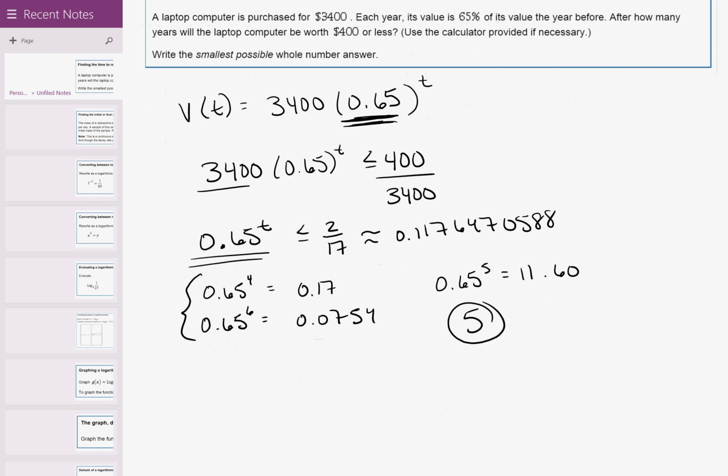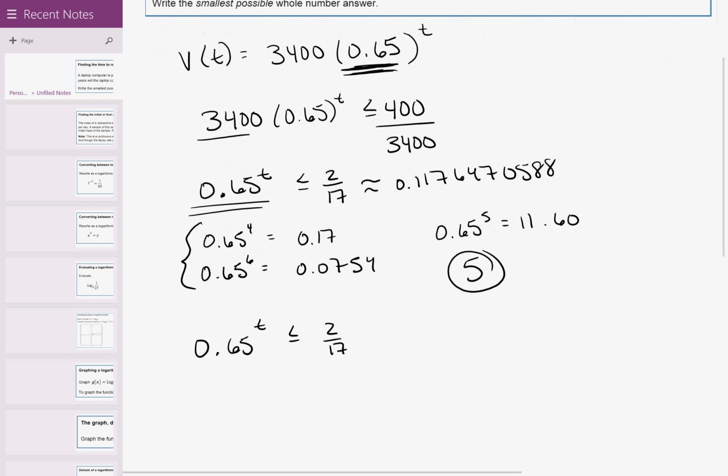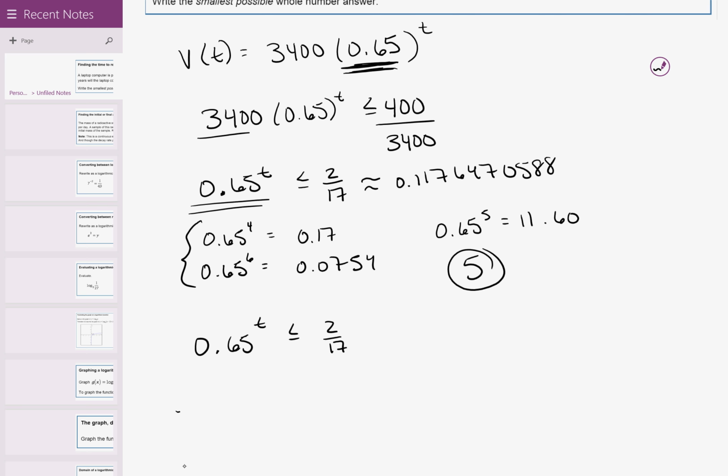Okay, now let's solve this using a log. Still going from our simplified formula of 0.65 to the t is less than or equal to 2 over 17. I'm going to take the log of both sides. So the log of 0.65 to the t is less than or equal to the log of 2 over 17.